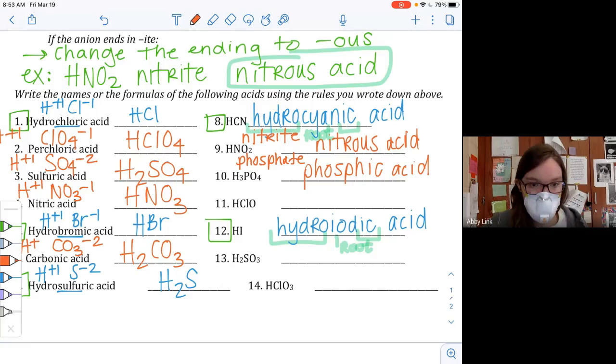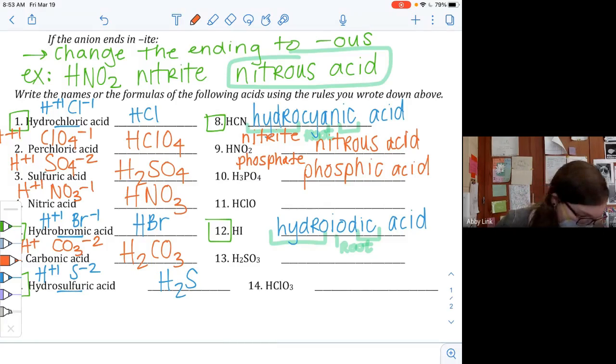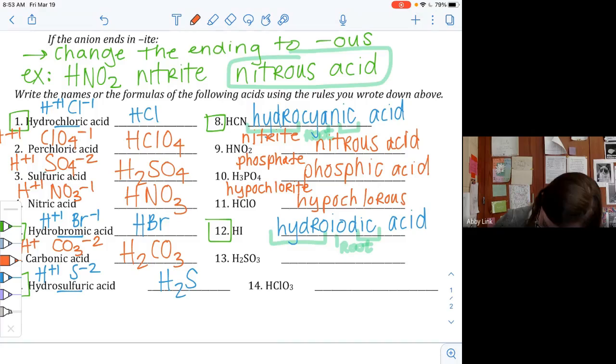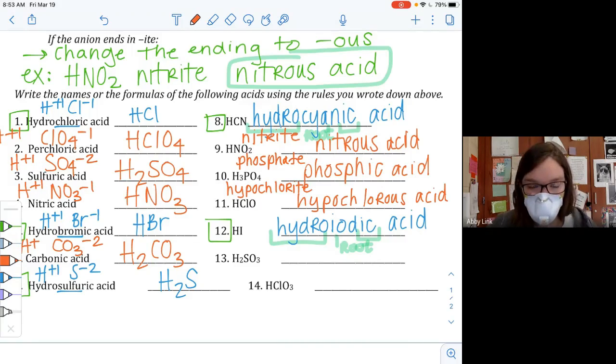All right, HClO. Careful with our Cls. There's a lot of polyatomic ions with chlorine in it. ClO is a -1 charge, and it is hypochlorite. I'm going to change that ending to OUS, so I end up with hypochlorous acid. All right, H2SO3. SO3 is sulfite.